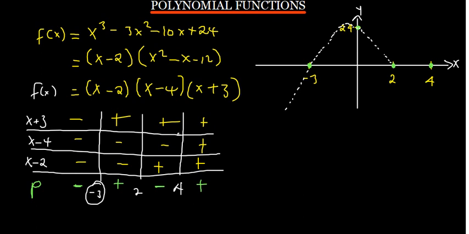And then between positive 2 and 4, the function is supposed to be negative, meaning that's supposed to be down. So that's supposed to go like this. And then above 4, the function is supposed to be positive, meaning that it's supposed to go up.